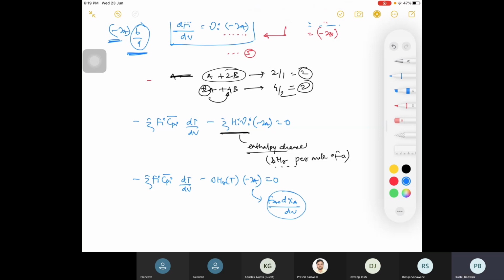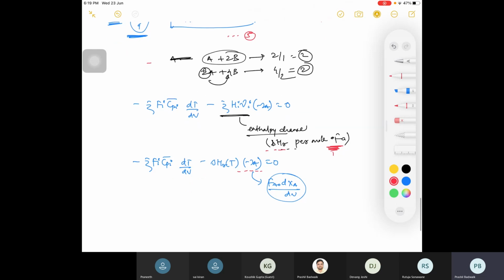So you can have this value also. Whenever I'm writing enthalpy, I have derived it per mole, and the other thing is you are taking minus Ra directly, and you can replace this minus Ra by Fa naught dXA by dV. This is from your design equation.